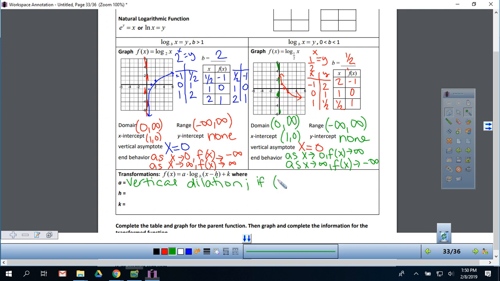If A is negative, then we have a vertical reflection. H is a horizontal shift, horizontal translation, and K is vertical.